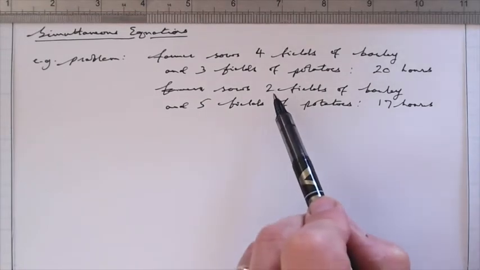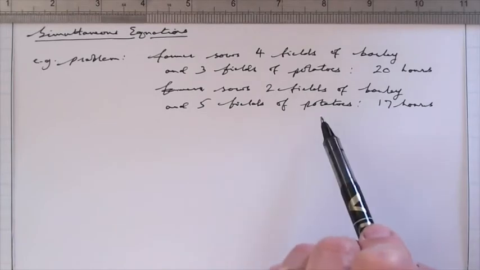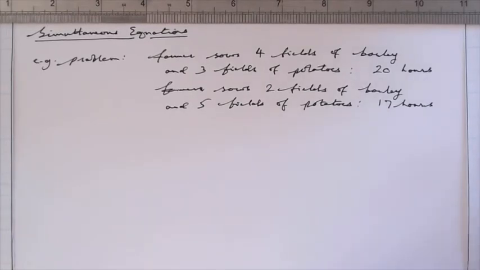The second scenario, 2 fields of barley and 5 fields of potatoes, takes 17 hours.